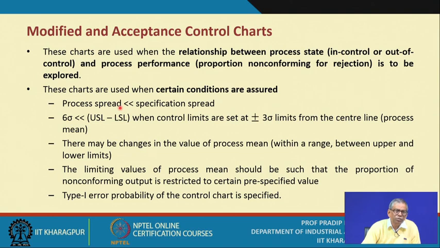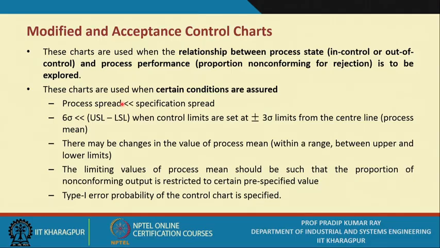In many cases, you assume that the upper natural tolerance limit for a given process is at a distance of plus 3 sigma from the mean of the process, and the lower natural tolerance limit is at minus 3 sigma from the mean.